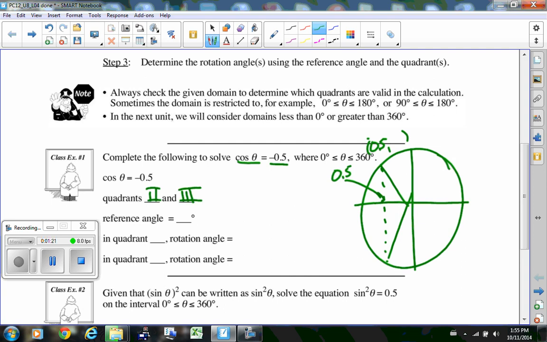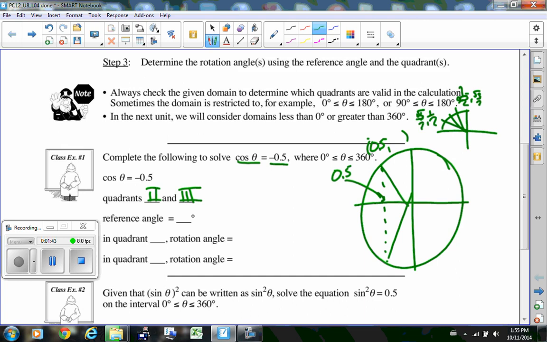Now, if I use my unit circle, I call this play where's Waldo, because I'm just looking for where is 0.5. So if I think about my 3 lines, this is going to be 0.5 comma root 3 over 2, or 1/2 comma root 3 over 2. And then this is going to be root 3 over 2 comma 1/2.